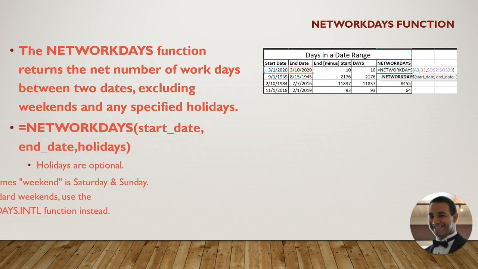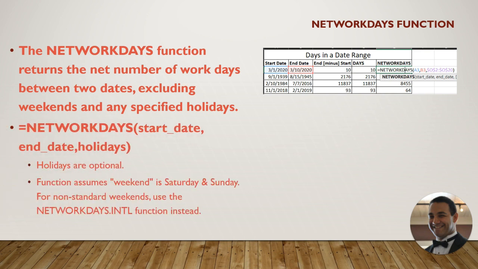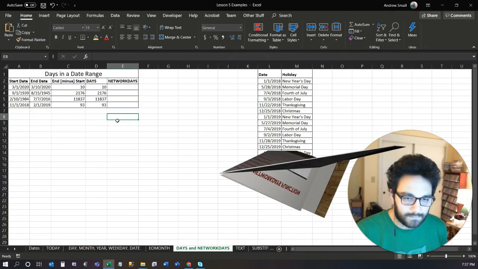The syntax is equals NETWORKDAYS, the start date, the end date, and an optional list of holidays. Now, this function does assume that a weekend is Saturday and Sunday, so those are the dates that it's going to automatically subtract. For non-standard weekends, you can use the NETWORKDAYS international function instead. And I'll show you how to use both.